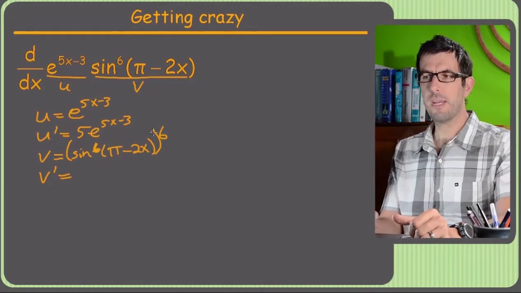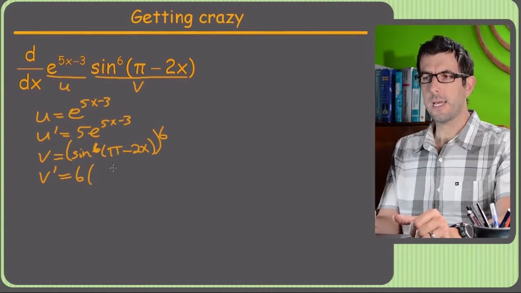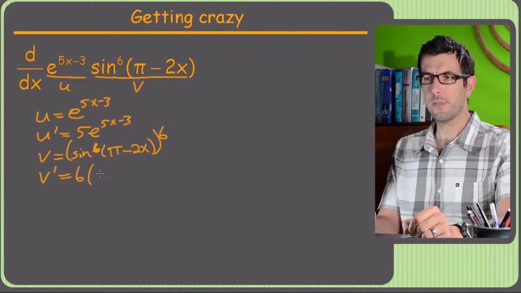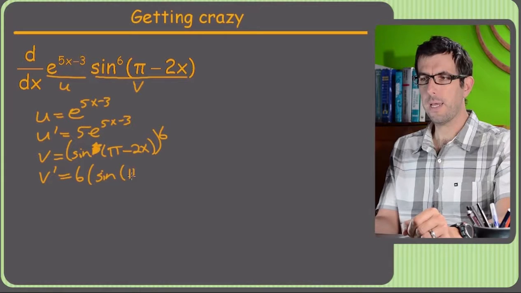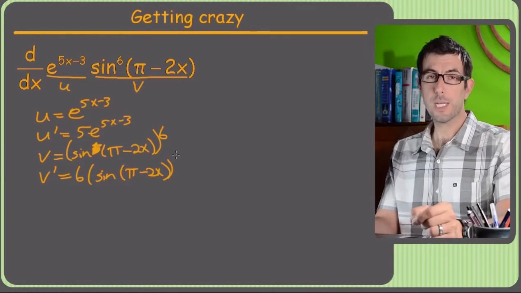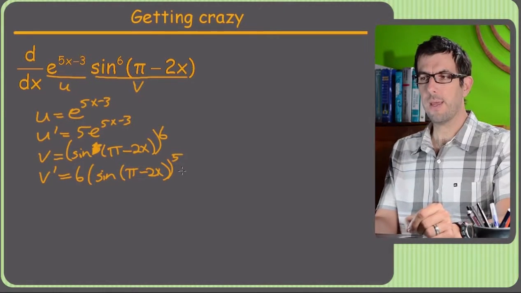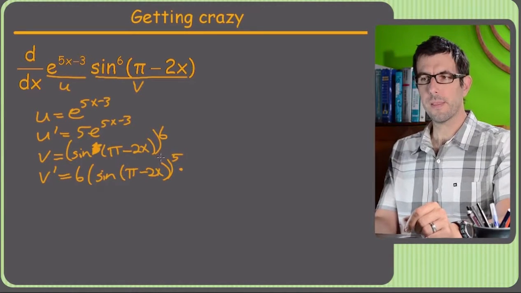So the derivative of anything to the 6th power is going to be the old exponent, which is 6, times whatever the power's of, so same base, the same u. So sine of pi minus 2x, and all that's to a new exponent, which is 1 less, which would be 5. But then we've got to multiply by the derivative of what's inside the power, right?